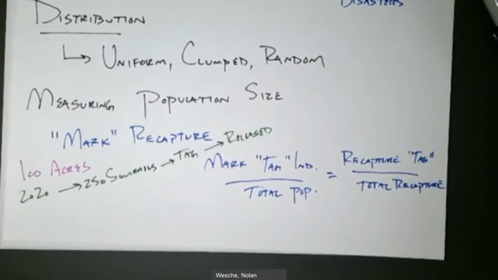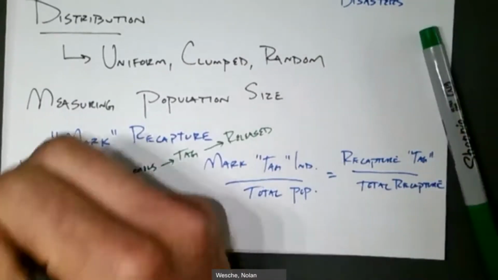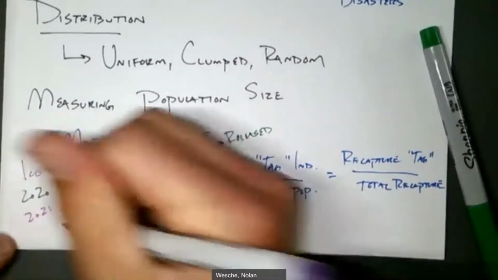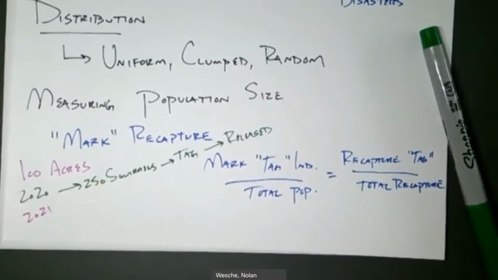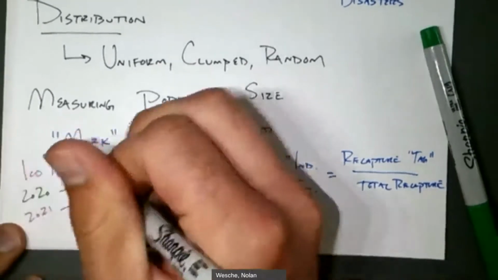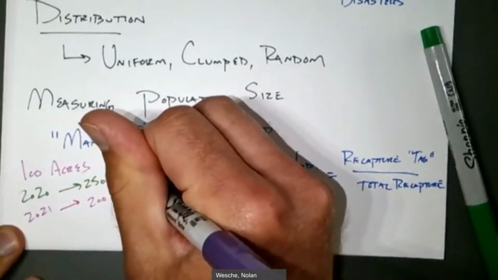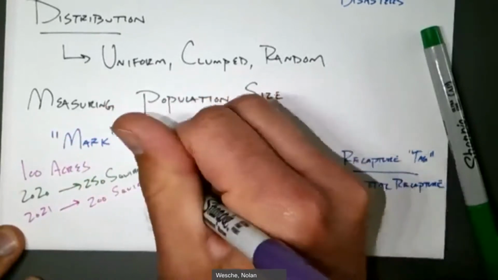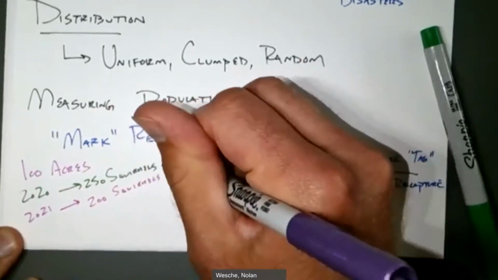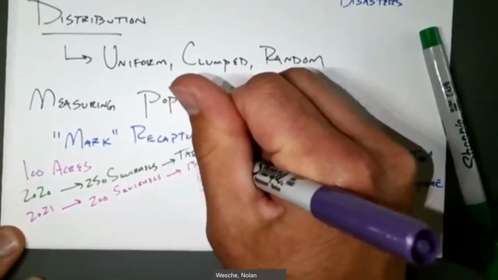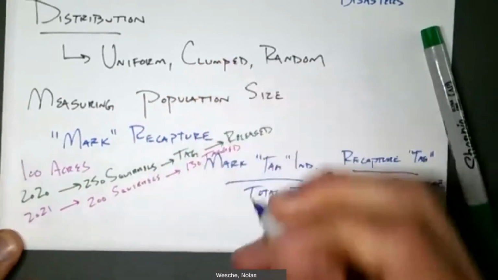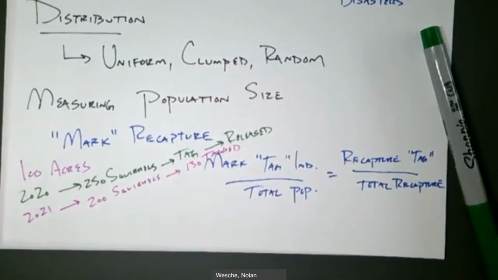And then we came back in 2021 and then we sampled. So let's say we did this for 3 weeks. Same number of cages distributed in the same places. And this time we caught 200 squirrels total. And of that, 130 were marked from the previous capture period.